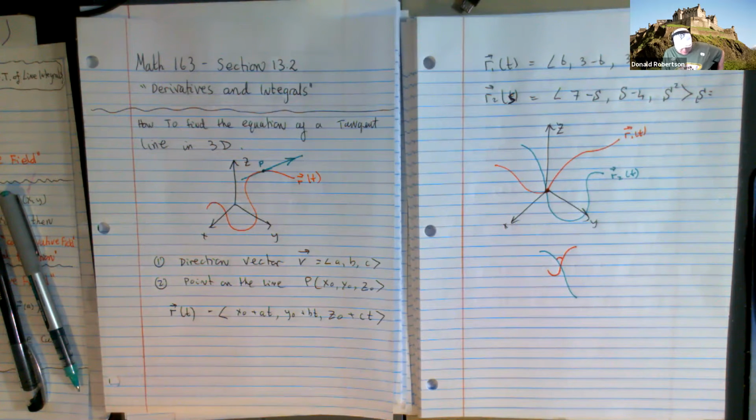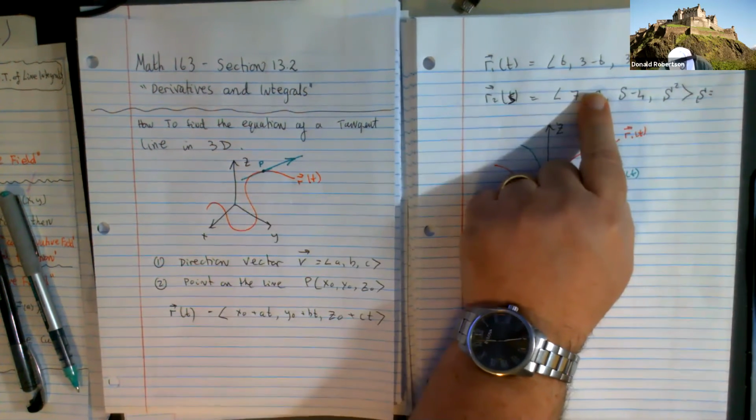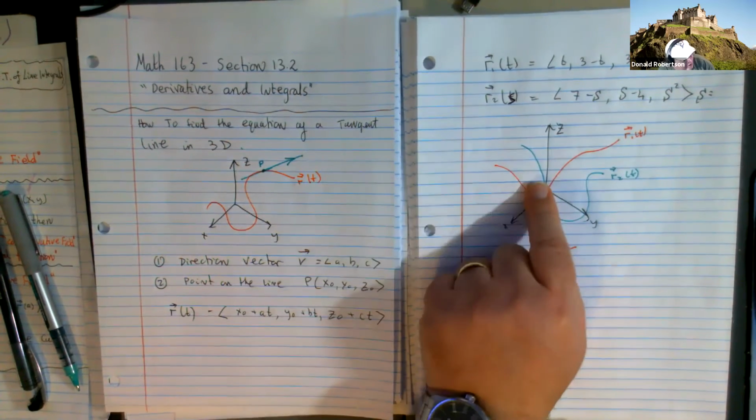But it's fixable. I did my scanning wrong. I looked at question 13 and took some of the stuff from 13, and then I looked at question 14 and took the rest of the stuff from 14. So what I've really got here is these two guys, but they don't intersect at the origin.